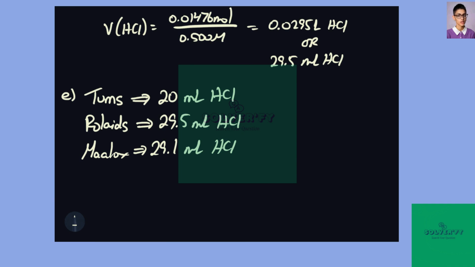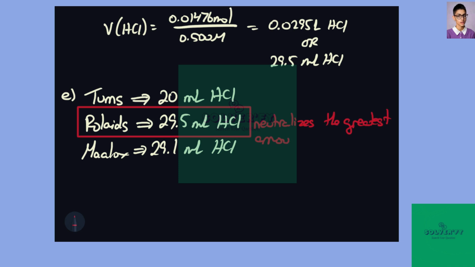So which product neutralizes the greatest amount of stomach acid? We can see that Rolaids neutralizes the greatest amount of stomach acid, with Maalox coming in a very close second.